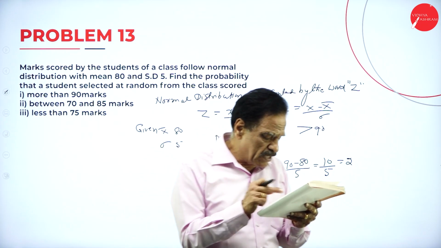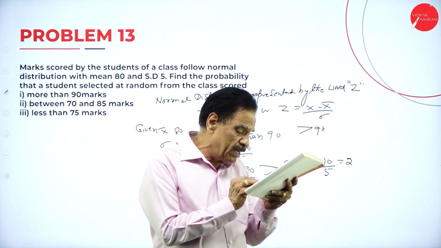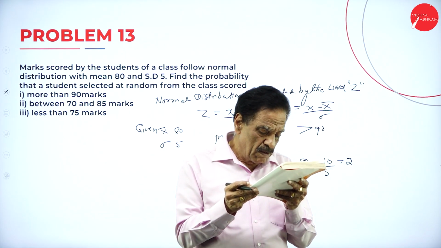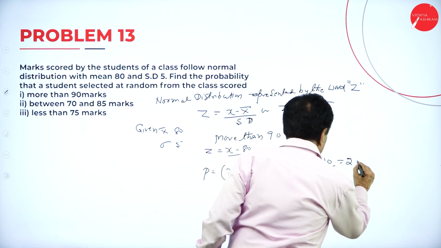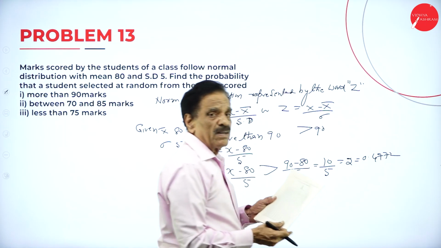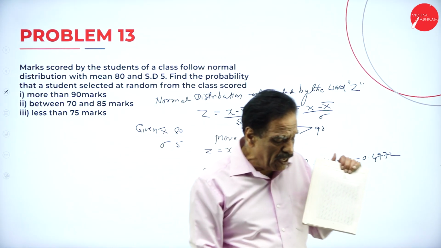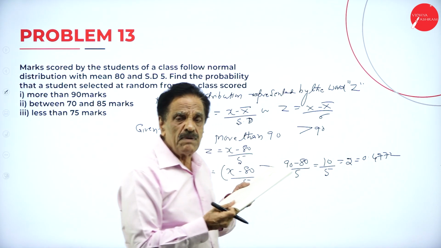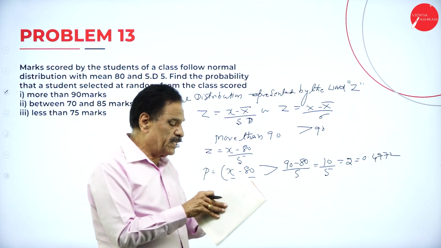If you see that, what's the value for the 2 here? Normal distribution value 2 is 0.4772. Whatever the table in the examination, according to that table only you have to find the value, because the value may differ according to the table, but the distribution table will be given.